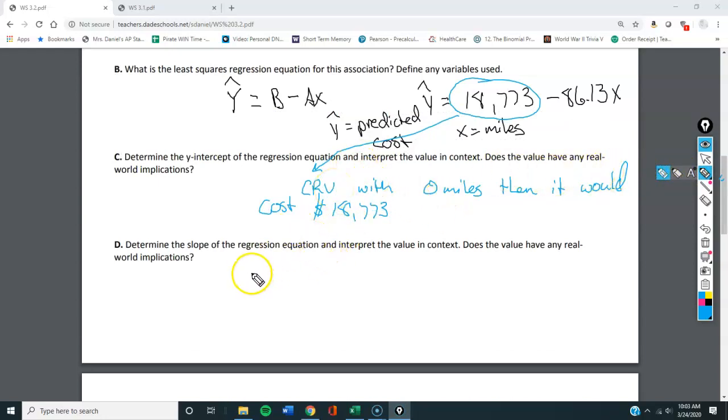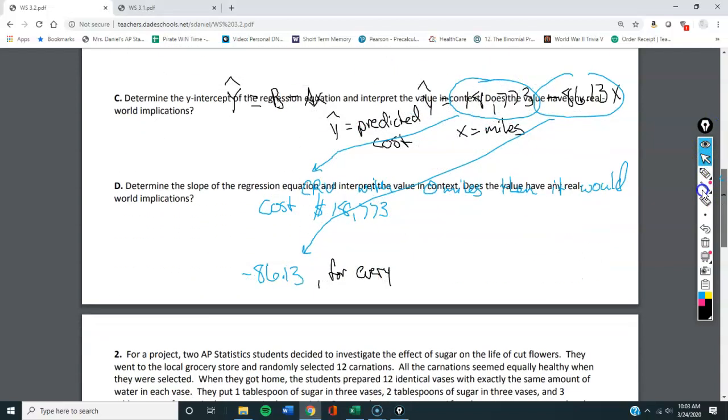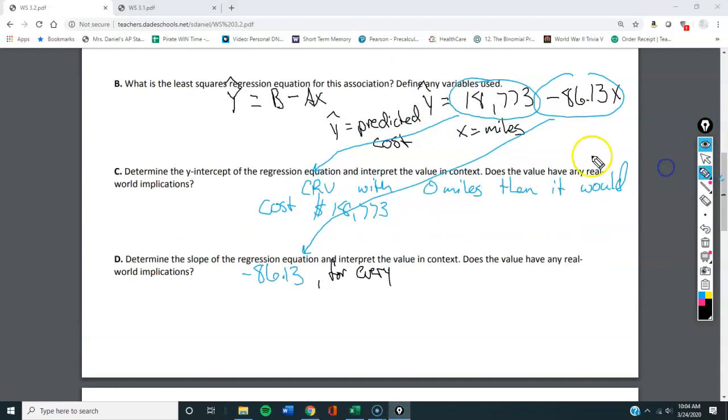Now what's my slope? My slope is negative 86.13. What's it mean in context? For every, is this in 1,000 miles? Let me check. Yeah, that was 1,000 miles. I'm sorry, I should have said that before. Because this is in thousands, right?